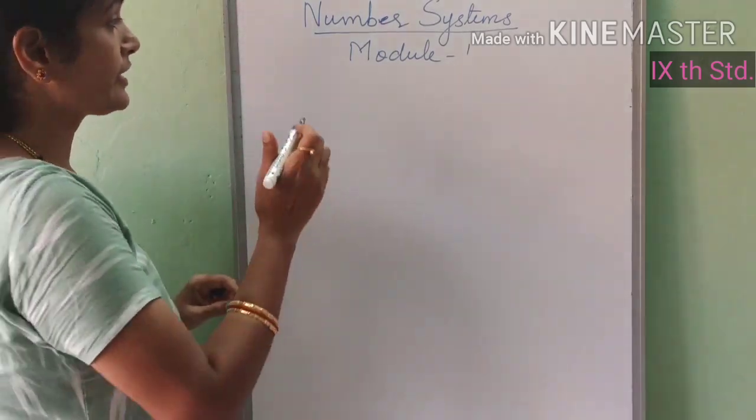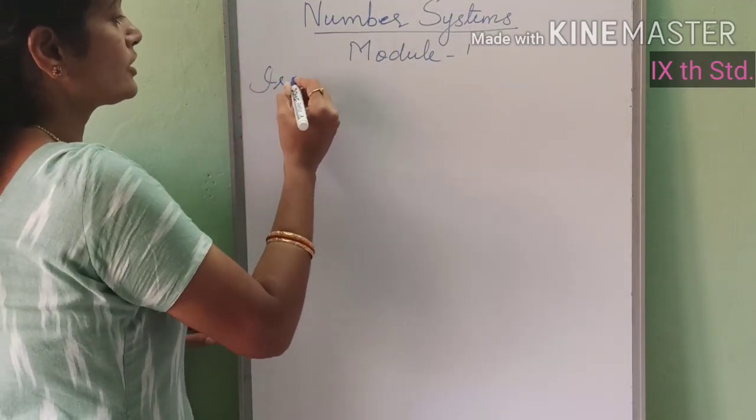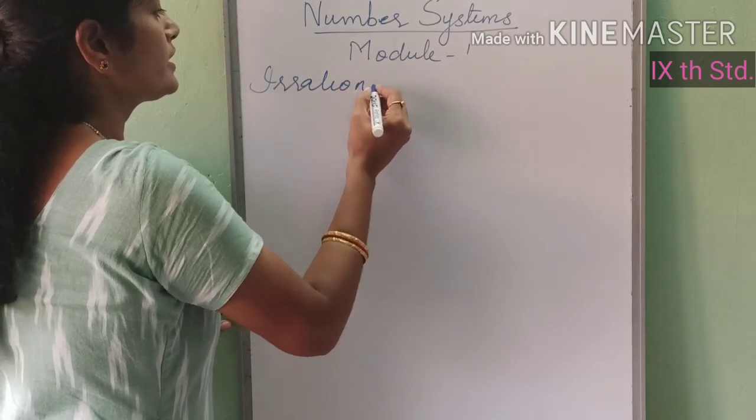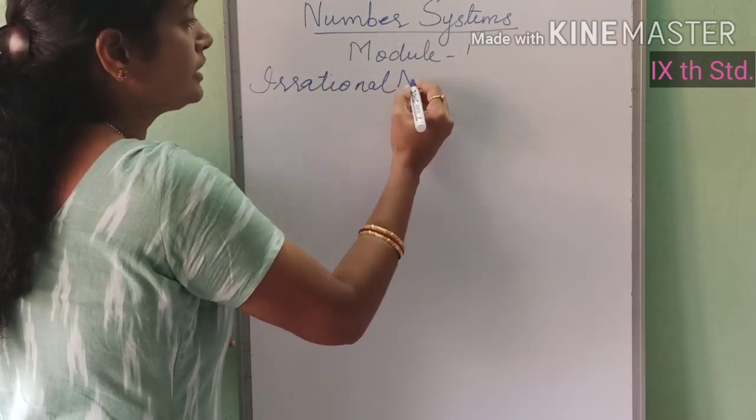Now moving on to the next type of numbers, those are irrational numbers. What are these irrational numbers? Till now you have studied about rational numbers.